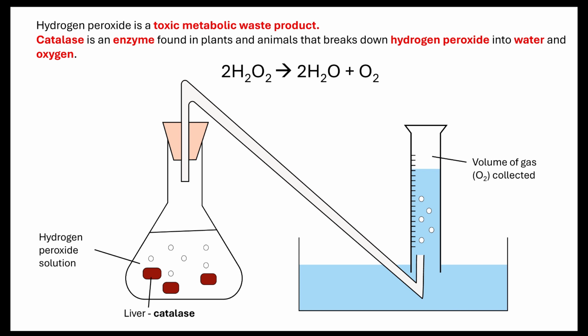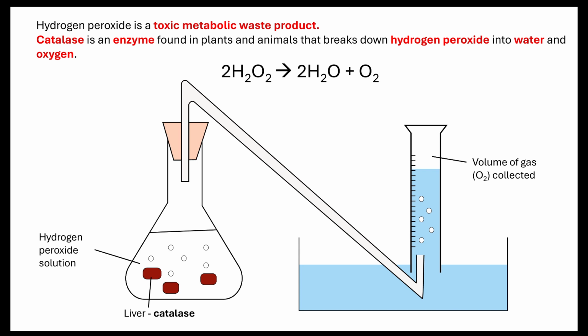So if we understand that an enzyme called catalase can break down this toxic substance into water and oxygen, we can actually do an investigation on this. As you can see, I have a hydrogen peroxide solution. I have a liver, which is going to contain my catalase. I have this in a conical flask, and then I have a delivery tube going to a measuring cylinder of water, which is upside down, and I would be able to measure the volume of gas collected.